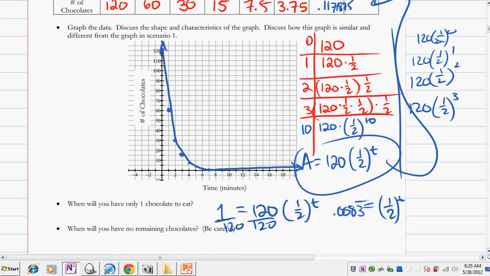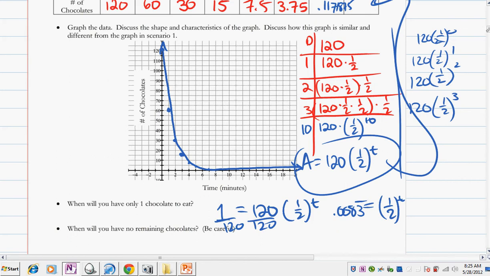So now I could play around with it, and I could do 0.5 raised to the what equals that. I don't know, to the 6th. So if I raise to the 6th, it's 0.01, 7th, 0.007. So it's again between 6 and 7.